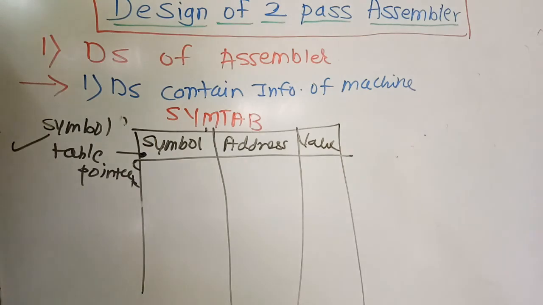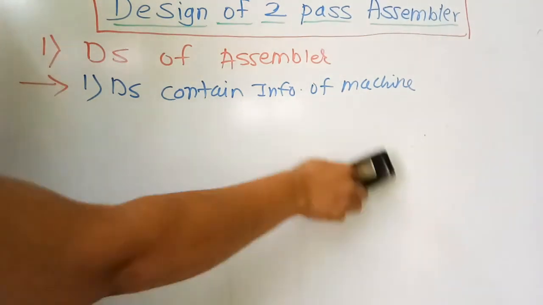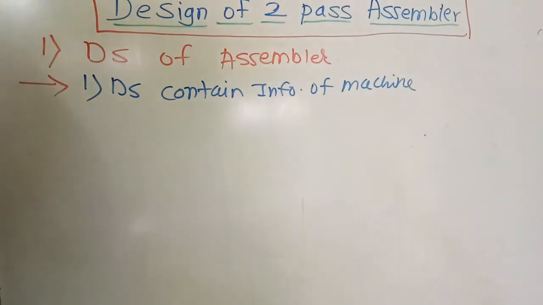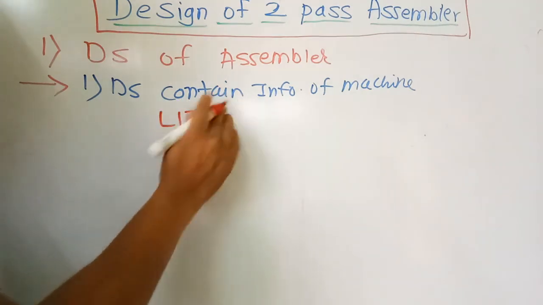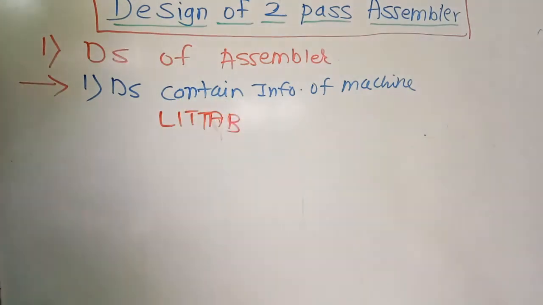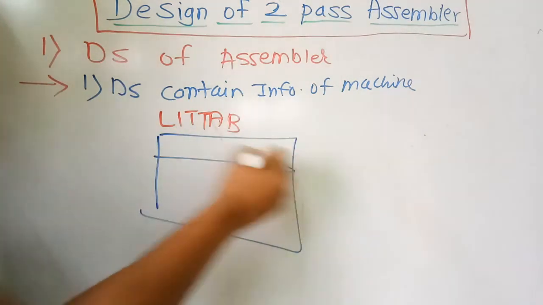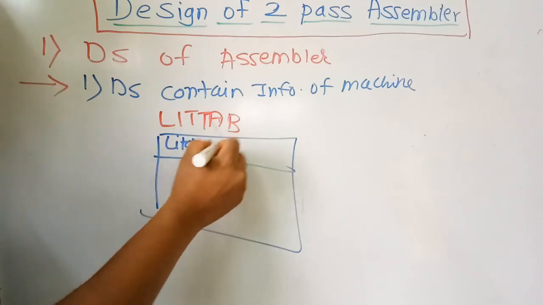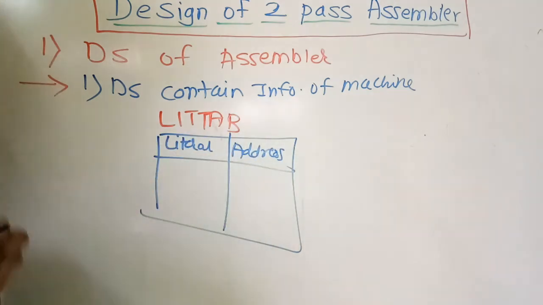Coming to the next part, the next table is the literal table. It contains only two fields, that is the literal and the address of that literal.